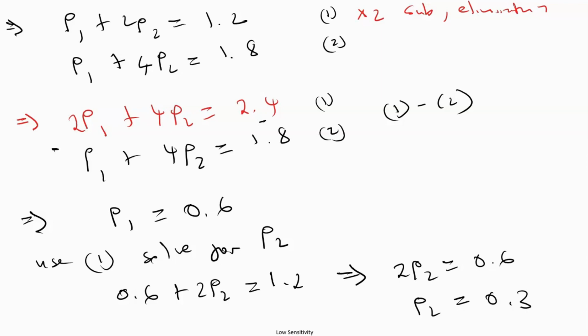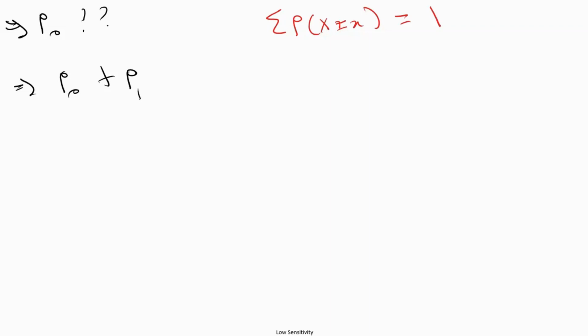But we still need to solve for P0. There's something we know about the probability distribution of a random variable: the sum of the probabilities should be equal to 1. So we can use this to get P0. P0 plus P1 plus P2 is equal to 1.